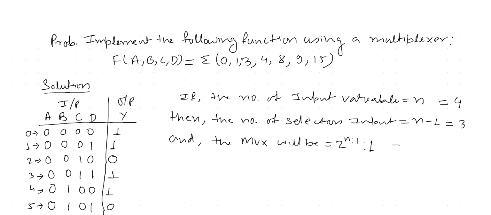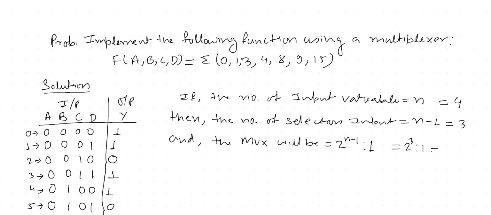And 2 to the power n minus 1. Your mux will be 2 to the power n minus 1 is to 1. So 2 to the power n minus 1 means 2 to the power 3, is to 1.